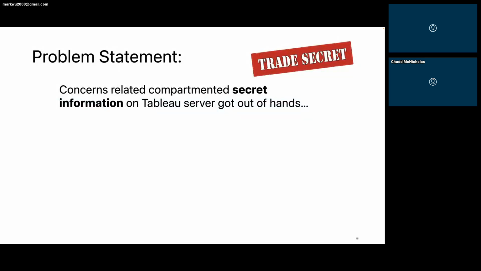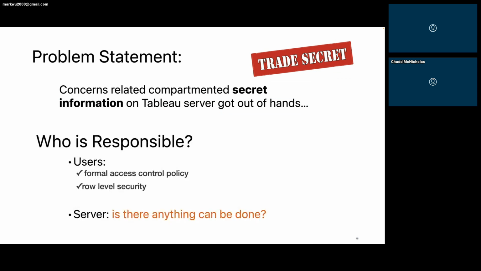But you cannot say, I don't do anything with that. So there are concerns that compartmented secret information on Tableau server may get out of hand. They are very valid concerns. So who is responsible if, in the worst case, the data gets out of hand?